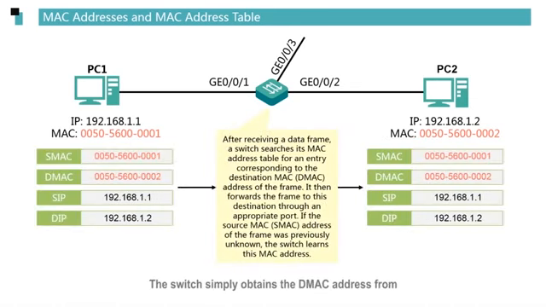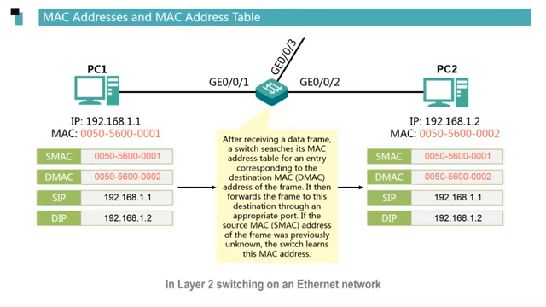The switch simply obtains the DMAC address from the Layer 2 frame header, searches the MAC address table for this address, and forwards the data frame to the entry mapped to the address. The Layer 2 MAC address is called a hardware address. MAC addresses are burned onto NICs of PCs and routers before they are delivered.